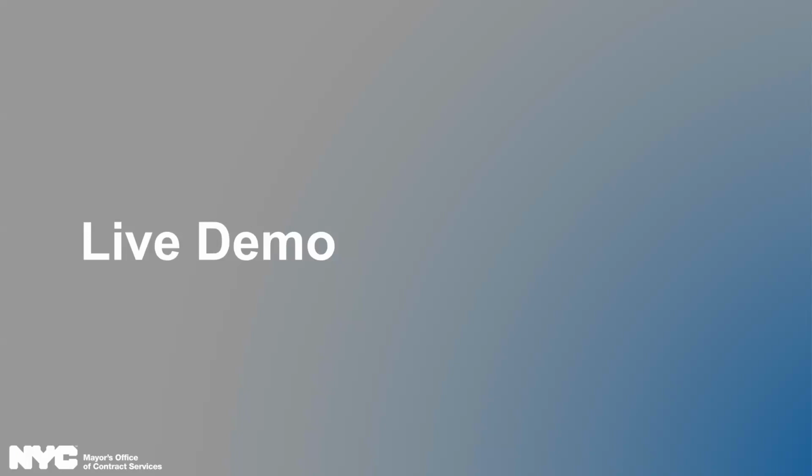So now I'm just going to go into a live system demonstration of what we just went through. Give me a moment as I change my screen or bring it up for you.